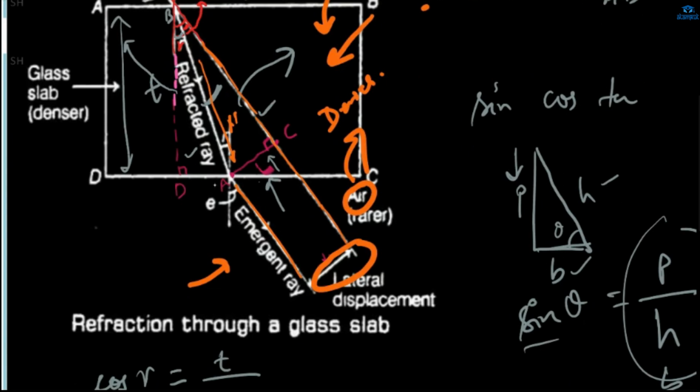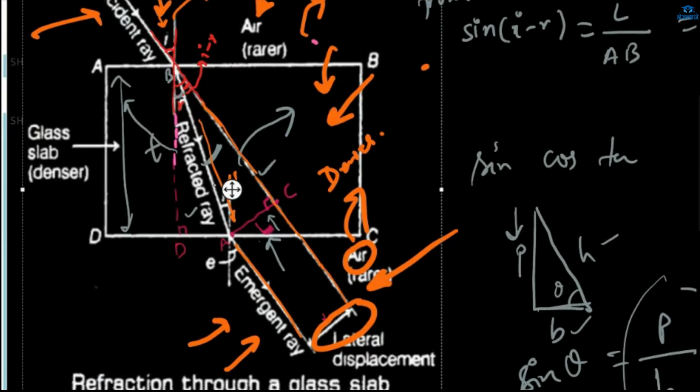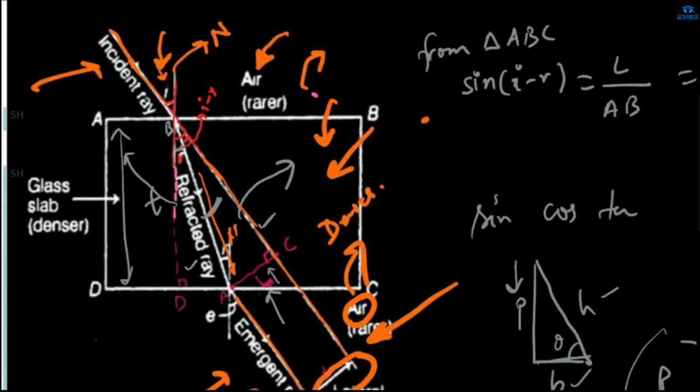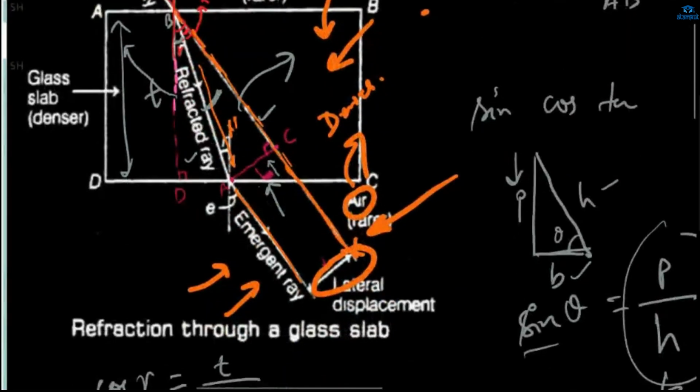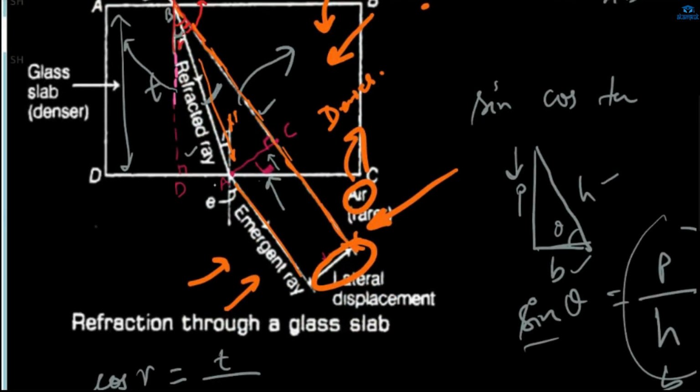It is the perpendicular distance between the emergent ray and the incident ray. If you extend the incident ray, you get these two parallel lines, the emergent ray and the incident ray, and the perpendicular distance between these two rays is the lateral displacement.